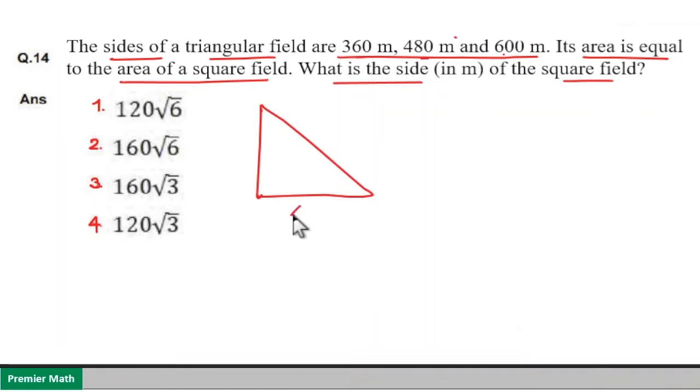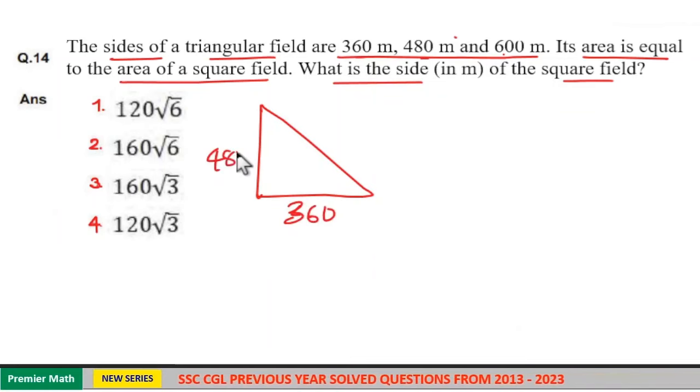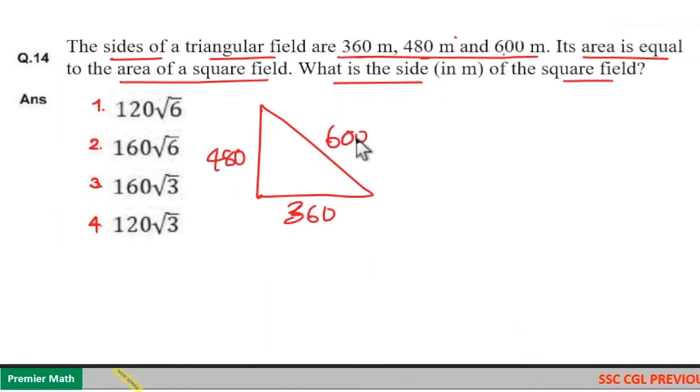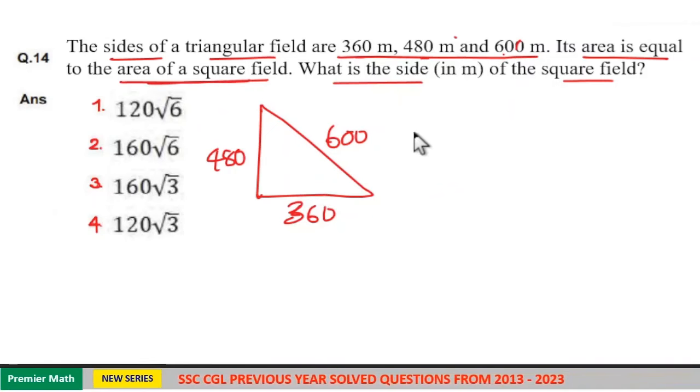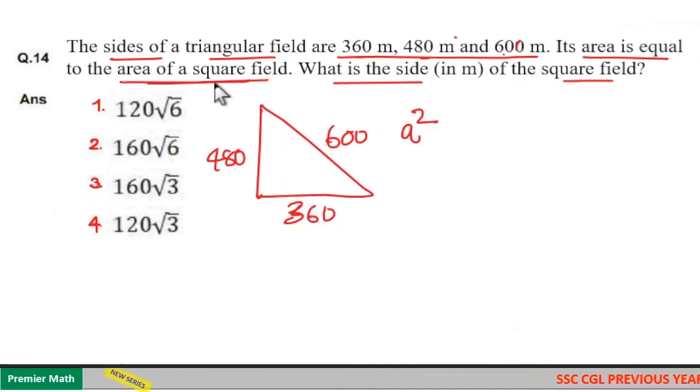So base is equal to 360, height is equal to 480 and hypotenuse is equal to 600 because 360 square plus 480 square is equal to 600 square. Now here area of the field is equal to area of square field. That is, square area is equal to a square, which is equal to area of triangle, which is half base into height.